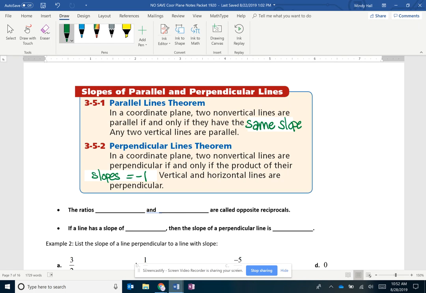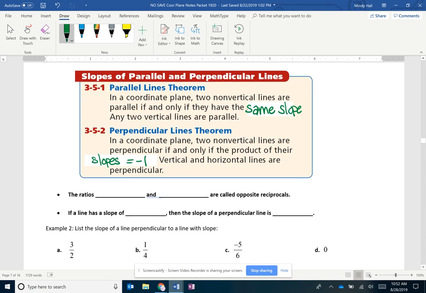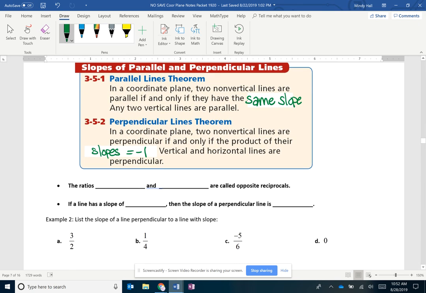Now, rather than multiplying your slopes together all the time, you can also just remember opposite reciprocal. When you have a over b, opposite tells you to change your sign, and reciprocal tells you to flip. So we change the sign, positive becomes negative, and then we flip that fraction. And if you were to multiply these together, you would get -1.